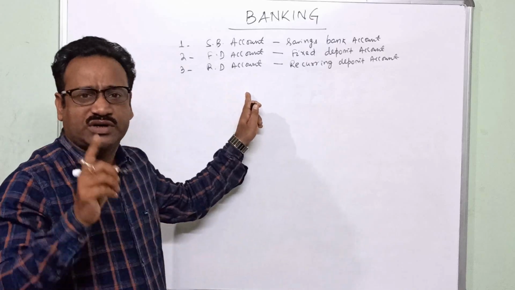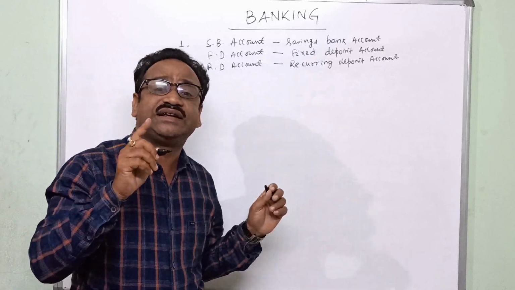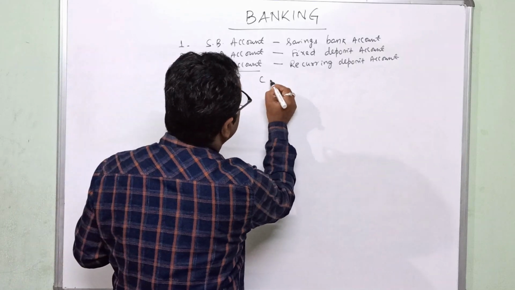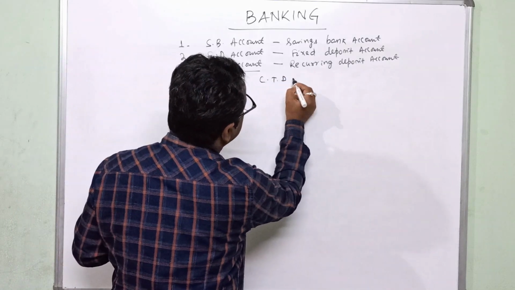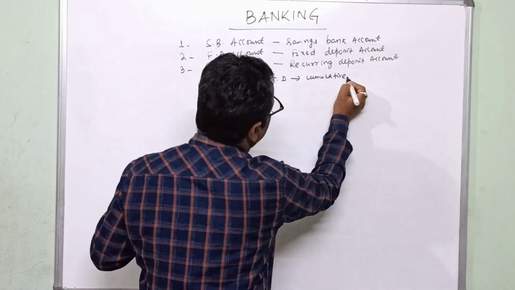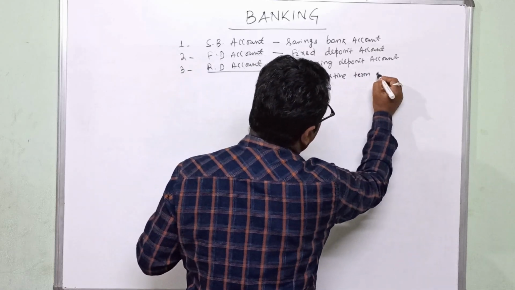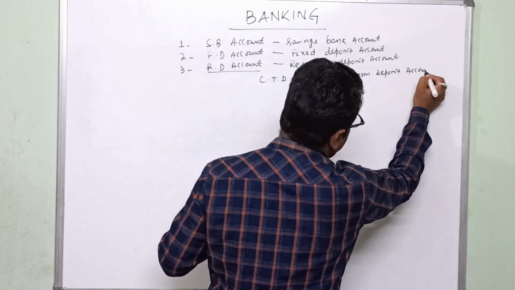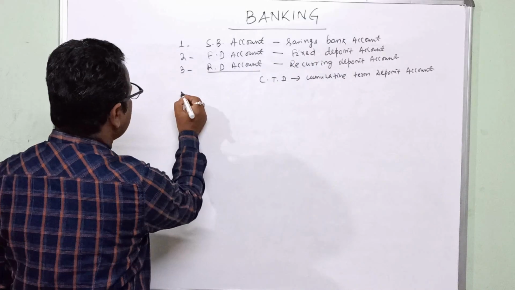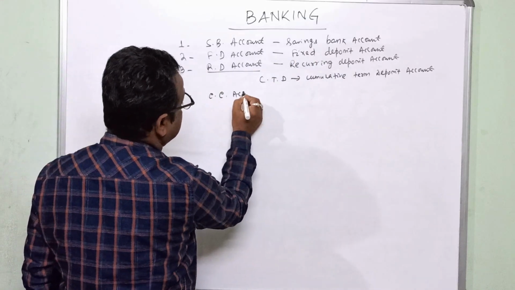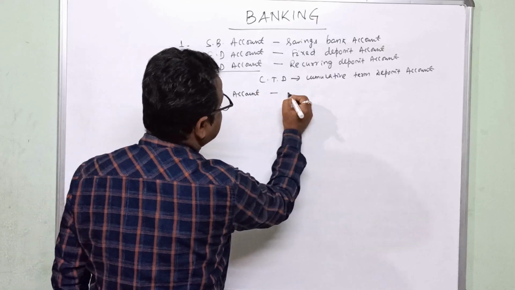This RD account is also called CTD, Cumulative Term Deposit account. Now, number 4, CC account, cash credit account.